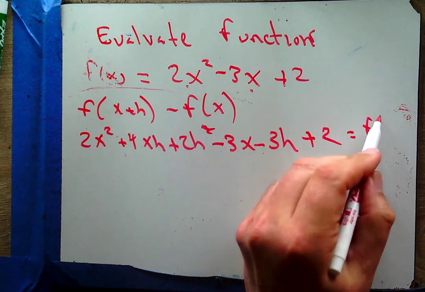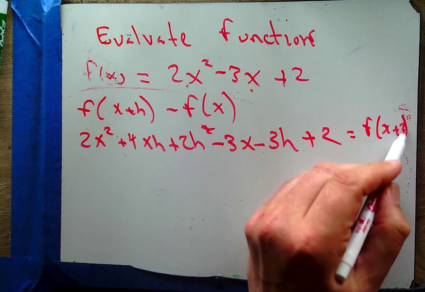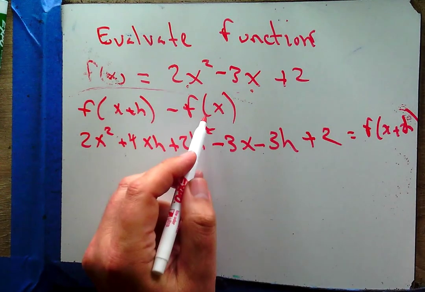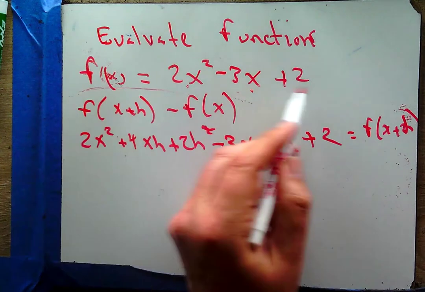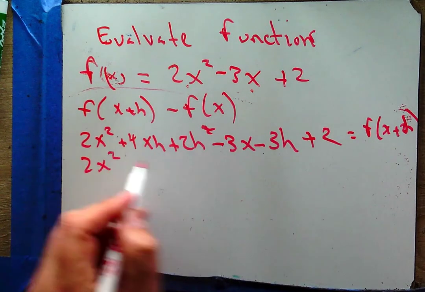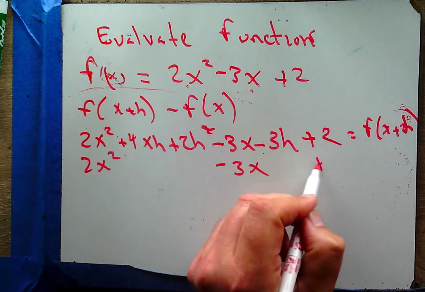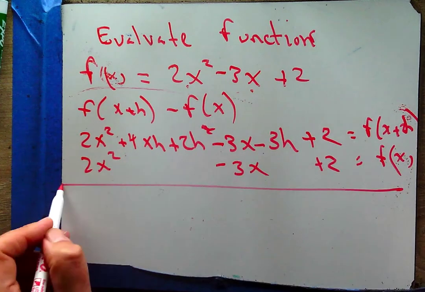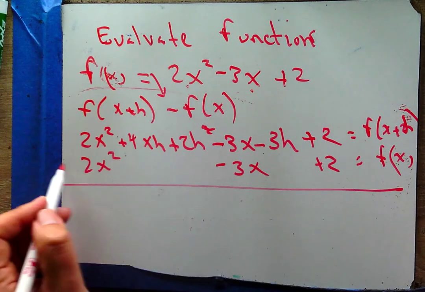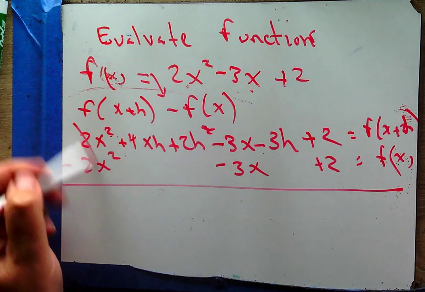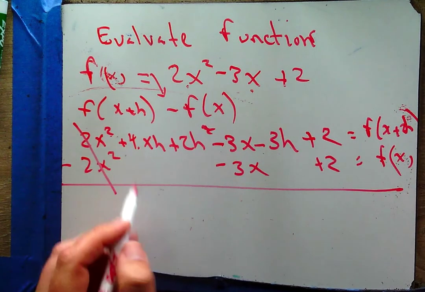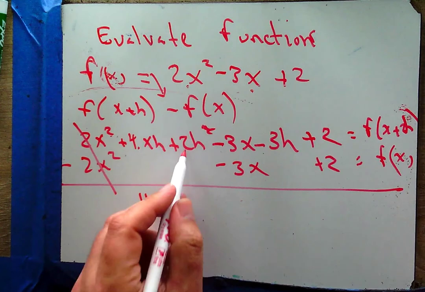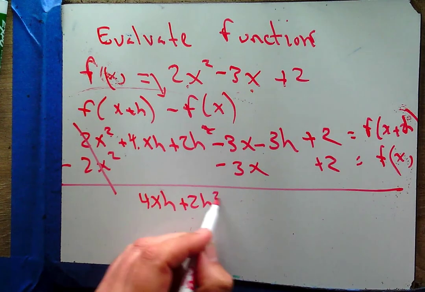That's f of x plus h. We just did that. And f of x, well, here's f of x, 2x squared minus 3x plus 2. That's f of x. And now, what am I supposed to do? I'm supposed to subtract. 2x squared minus 2x squared. There's nothing to cancel with this. There's nothing to cancel with that.